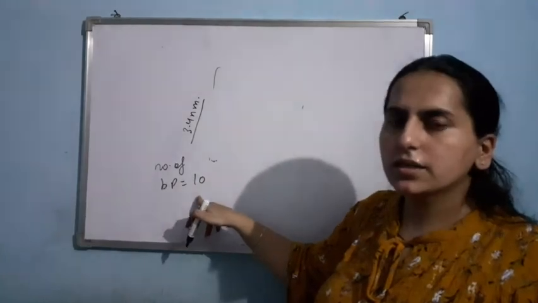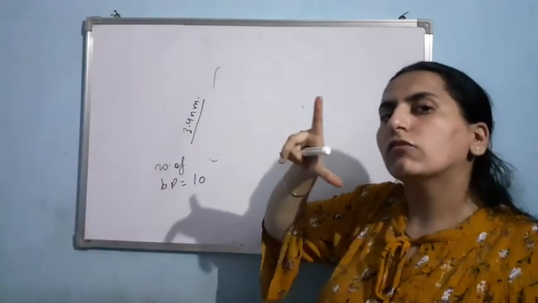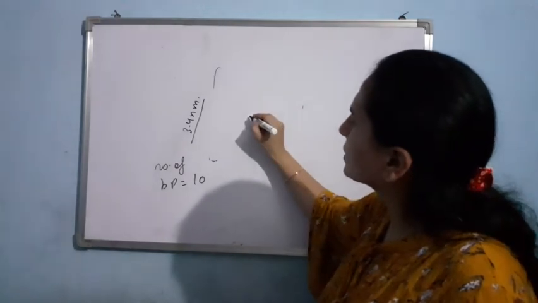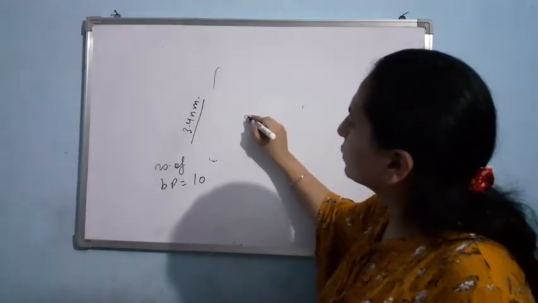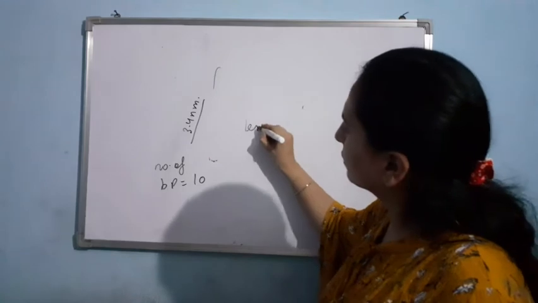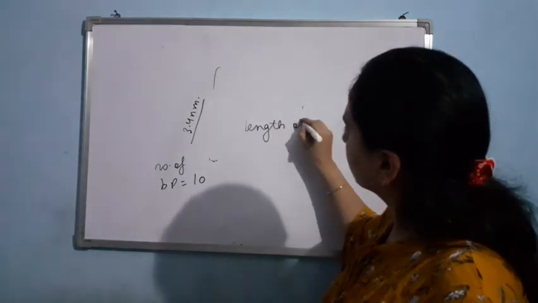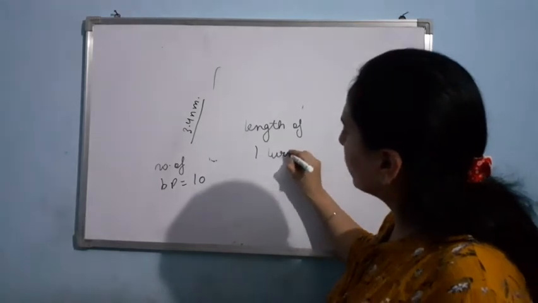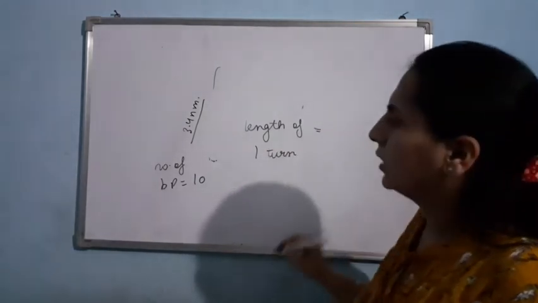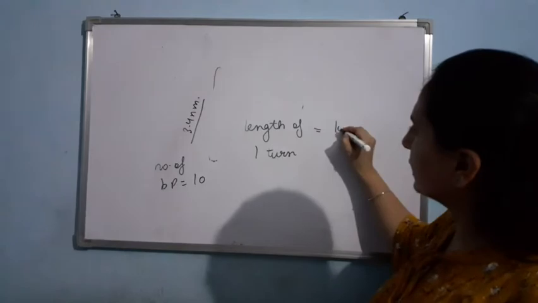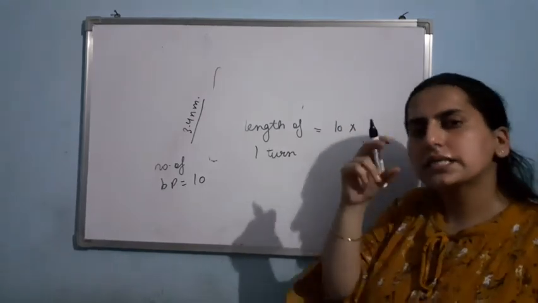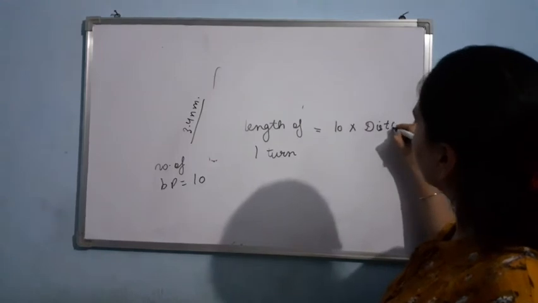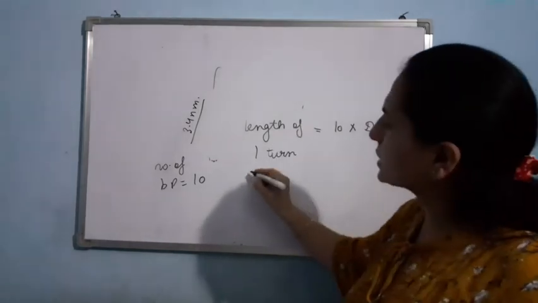The number of base pairs is this and the total length of one turn is this. So basically we can just count like this. Length of one turn is equal to the number of base pairs, that is 10, multiplied by the distance between two consecutive base pairs, that we have to find out. This is 3.4 nanometer.